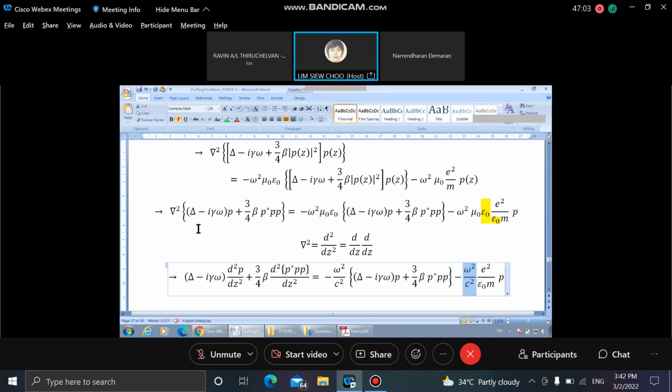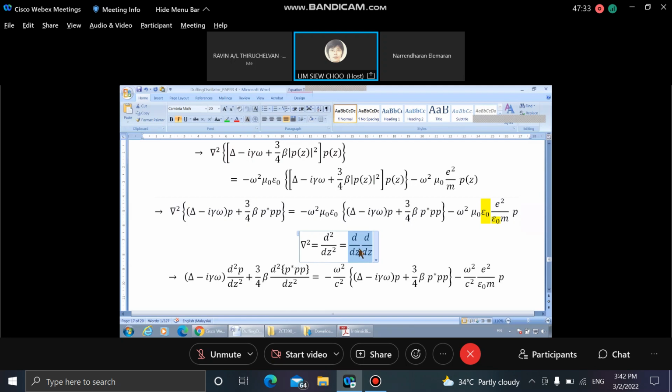So the del square here effectively is the double derivative with respect to z. Right, del square is d square over dx square plus d square over dy square and so on, but we just let the p or the e have the spatial z dependence. So the del square reduces to this, the double derivative with respect to z.